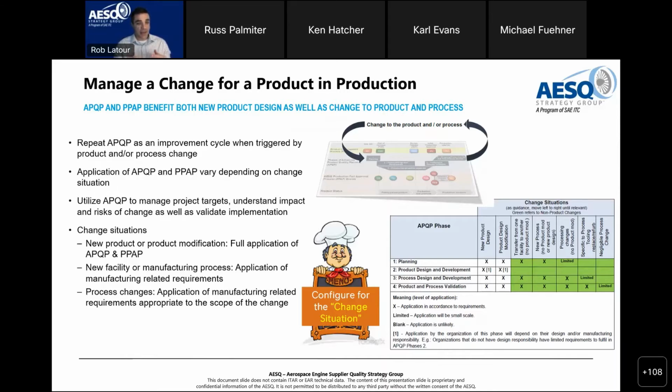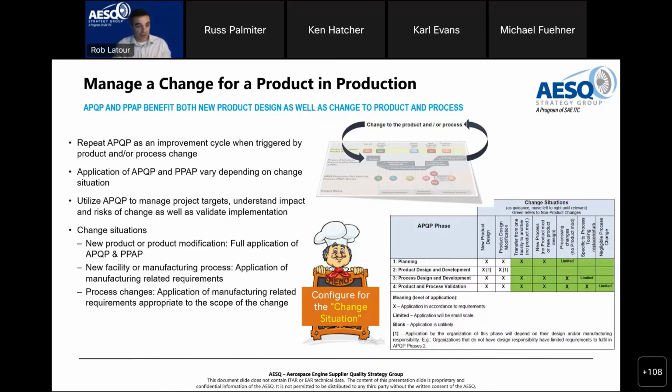I need to apply the 4 phases of APQP, but I'm going to apply them in a way that is scoped and configured for the specific modification that we're making. We're going to focus on what is actually changing about this design. What development needs does that modification drive? What manufacturing processes are potentially impacted by that design modification, and therefore, based on those product and process design development needs, what validation may need to take place in the modification?